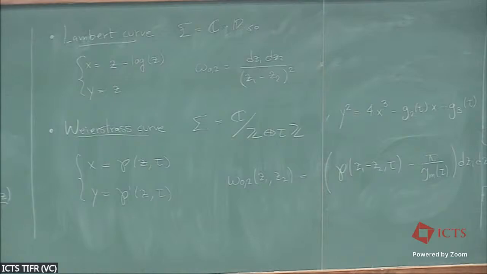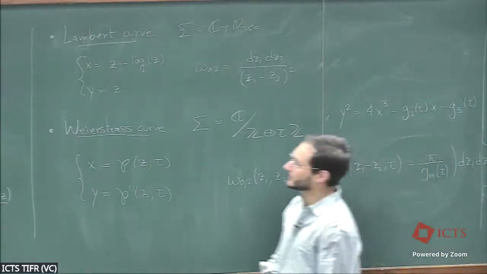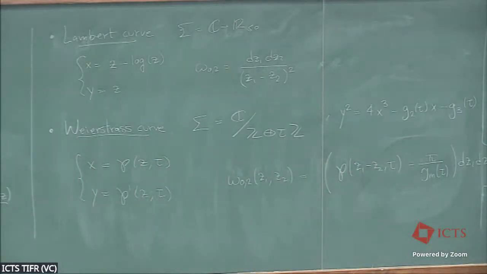Okay, so before giving you the definition of topological recursion, I actually want to talk about this omega 02. Because you see, in all these examples, the role of x and y is kind of transparent.